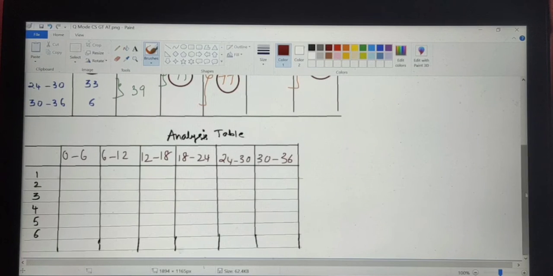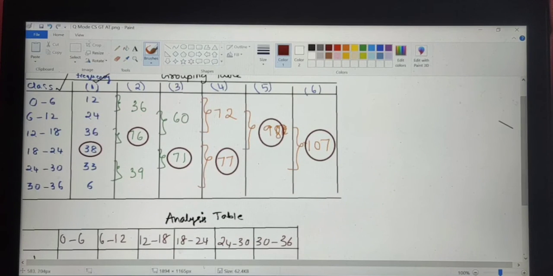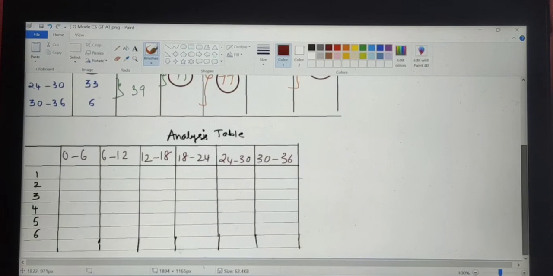Now let's take a look at the highest value in the first column. Our highest value in the first column is 38. The corresponding class to 38 is 18 to 24. So let's put a tick mark in 18 to 24.